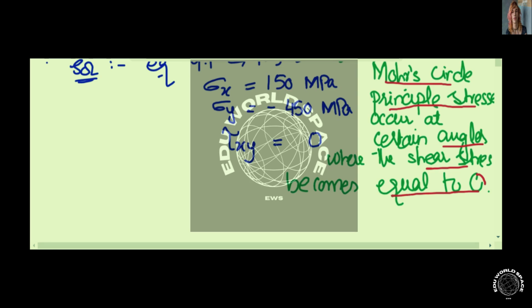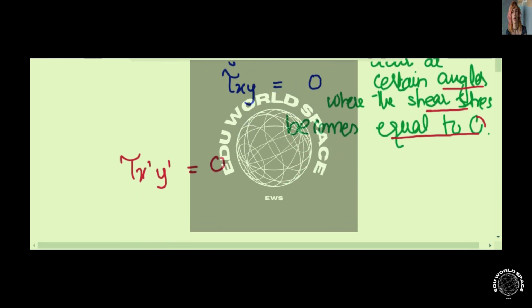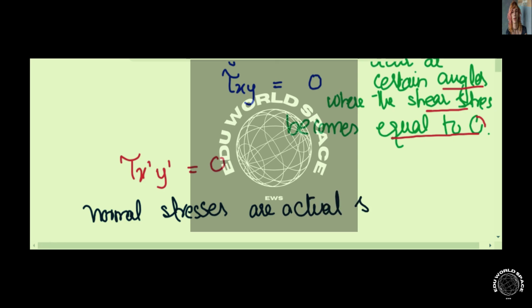So if that is the case, it means that our tau sub x'y' is equal to 0, right? And this is a case, therefore we can say that the normal stresses are actual principal stresses, right?